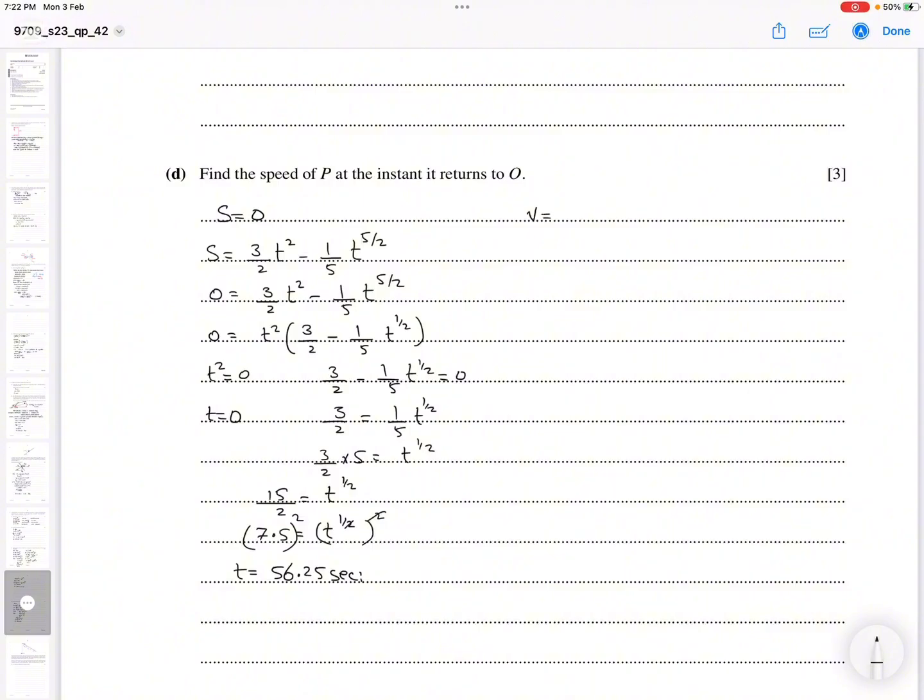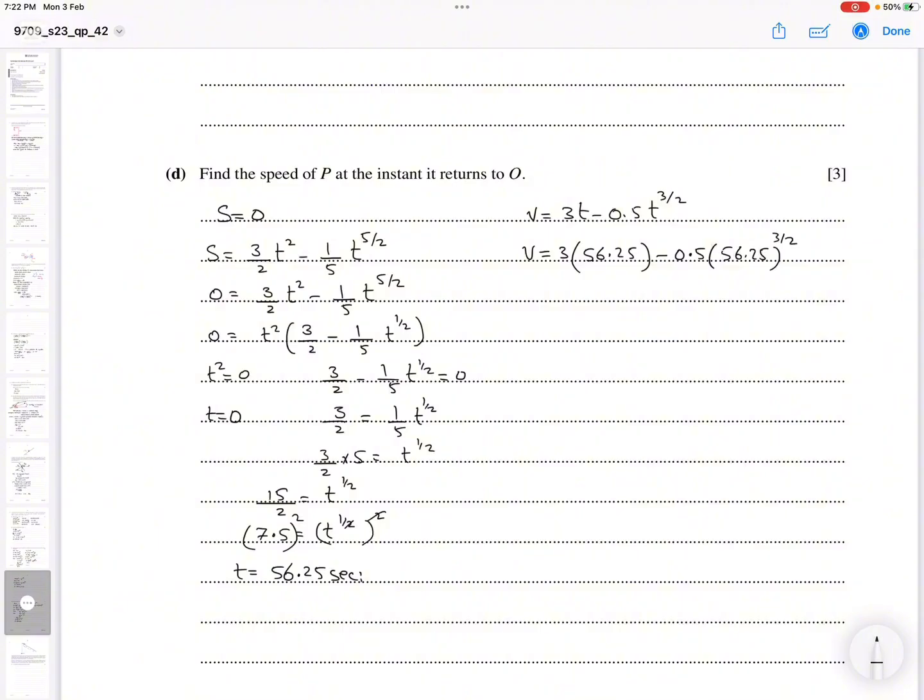So v is equal to 3t minus 0.5 t^(3/2). So your velocity is 3 times 56.25 minus 0.5 times 56.25 whole power 3/2.